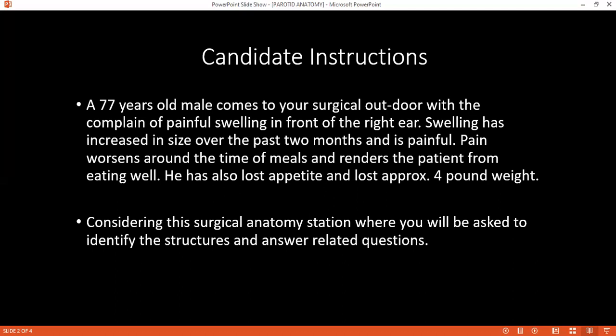Its malignant potential is low, but rarely it can progress to malignancy. It has mixed types of cells in origin. The superficial part is so large that it comprises 80% of the gland's mass.